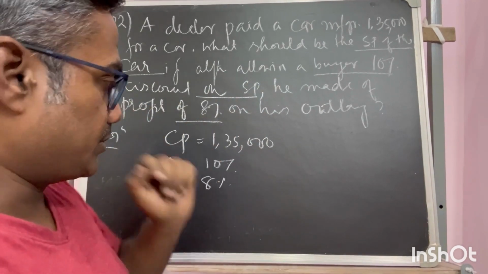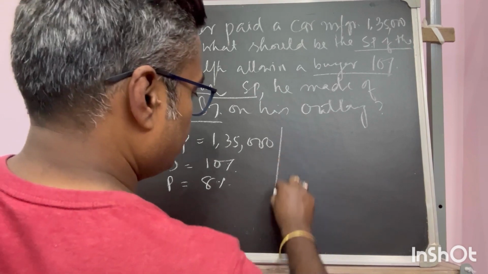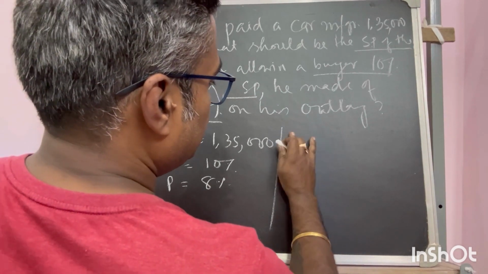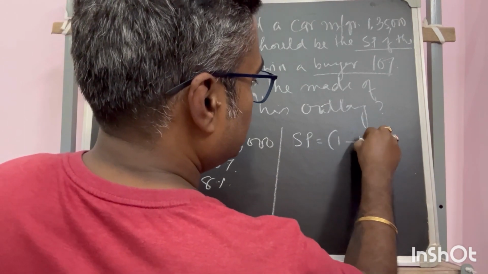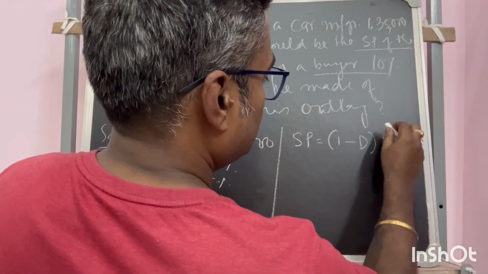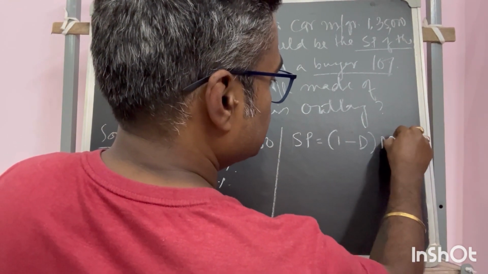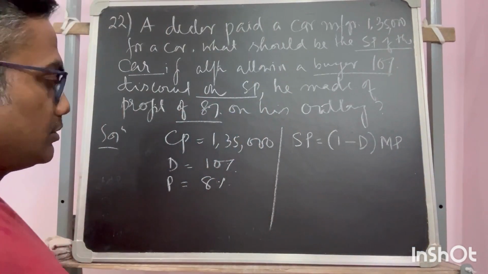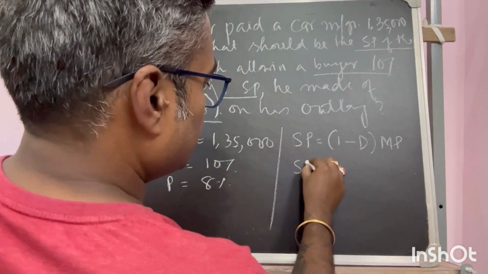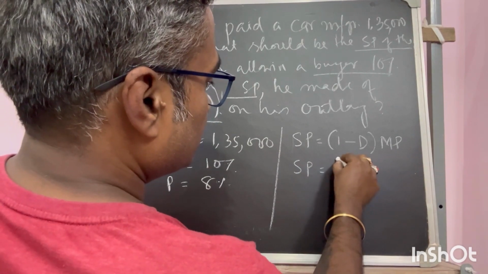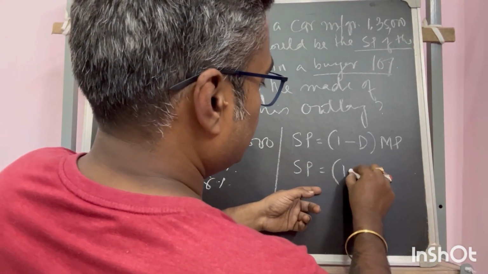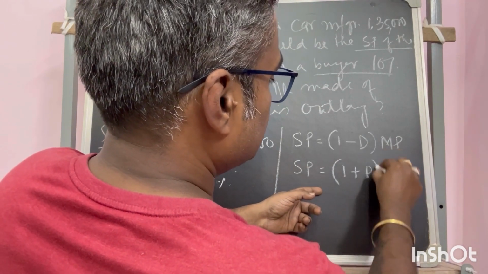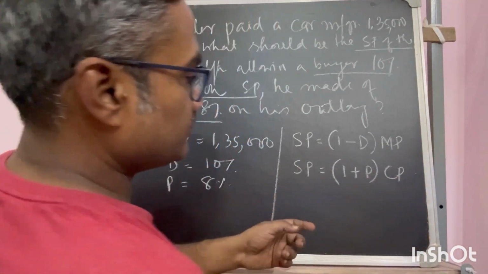The price on which the discount is given, although it is called a selling price, must be treated as the market price. How am I saying this? Because the selling price after discount is related to (1 minus discount) into the market price, and the selling price by which he is getting profit is (1 plus profit) into cost price.